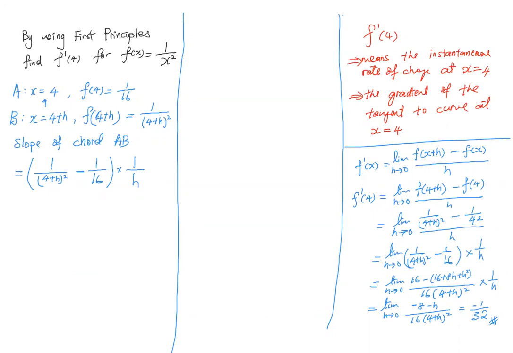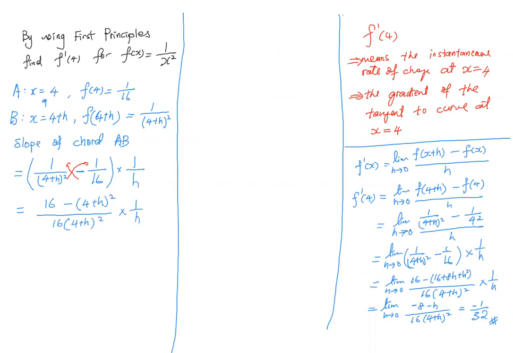Hello, student? Yes. Okay. So equal to 16, take away, in close bracket, 4 plus h squared. Because I want to make the denominator the same, you just memorize, whenever you have a case like that, you do some sort of cross multiply. So the bottom here will be 16 times 4 plus h squared times 1 over h.